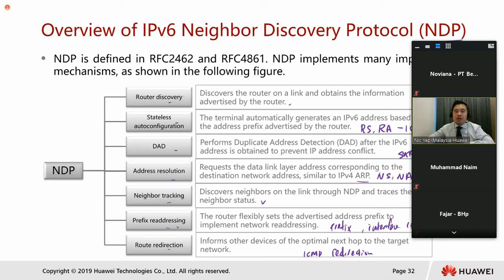You should go directly to the destination. That is called route redirection. So this is NDP, which can provide router discovery, stateless autoconfiguration, DAD duplicate address detection, address resolution, neighbor tracking, prefix readdressing, as well as route redirection.